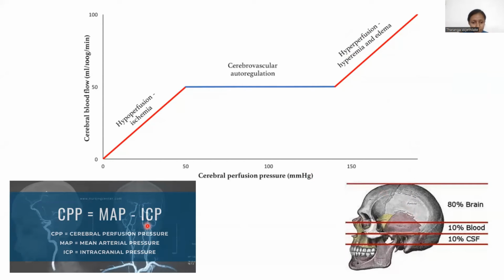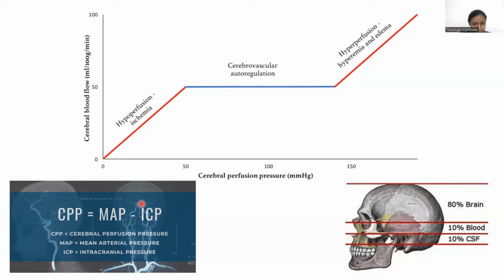The volume is the same. The skull didn't change, so the volume of the cranial cavity is the same. The contents have changed. The brain has a little bit of edema.